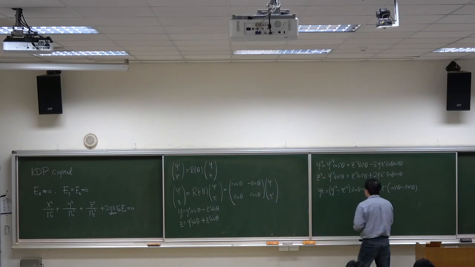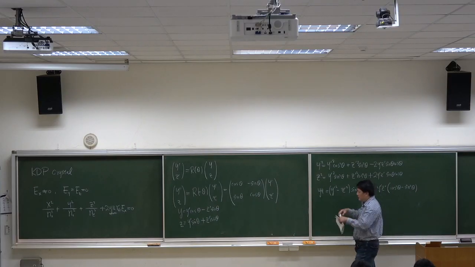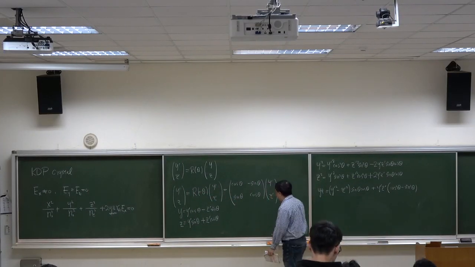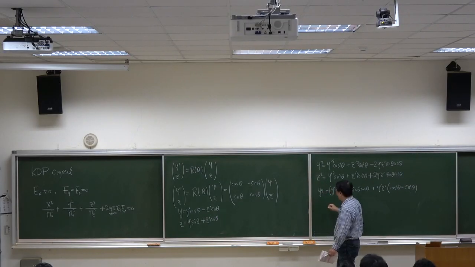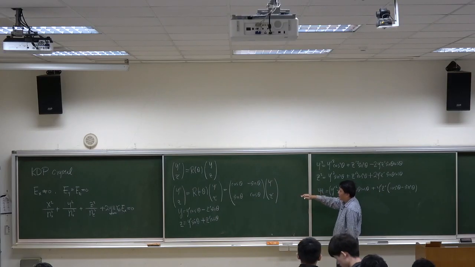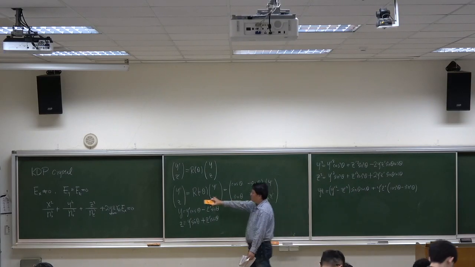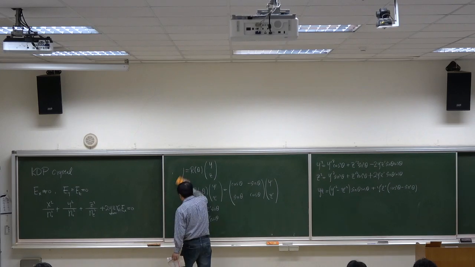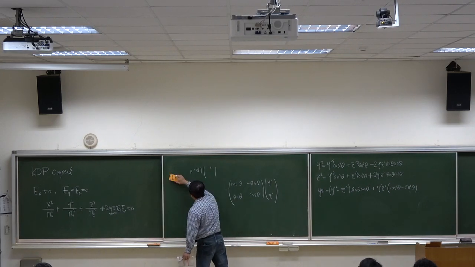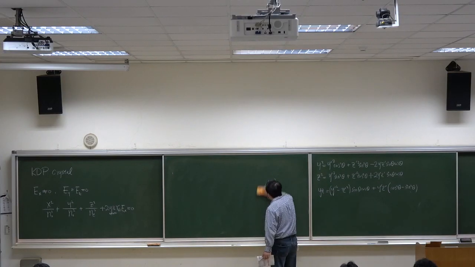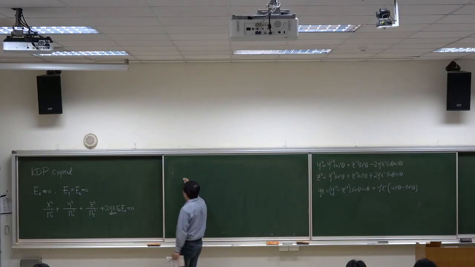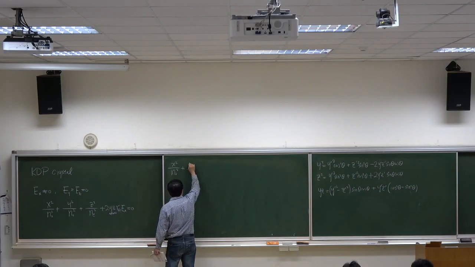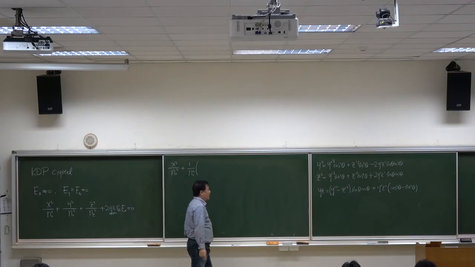Our first task is to decouple: whenever a cross term appears, we want to make it vanish. How? We substitute this result into the original equation. First we have x squared over no squared, and then 1 over no squared times y squared.